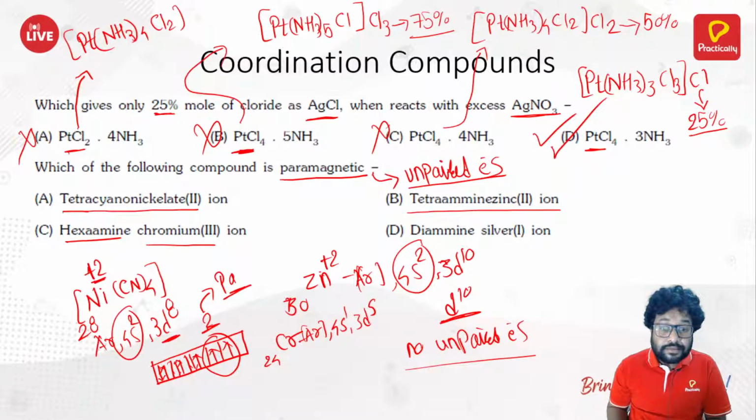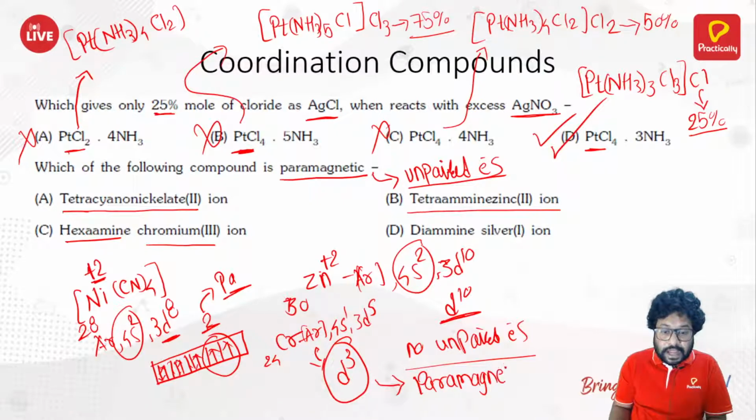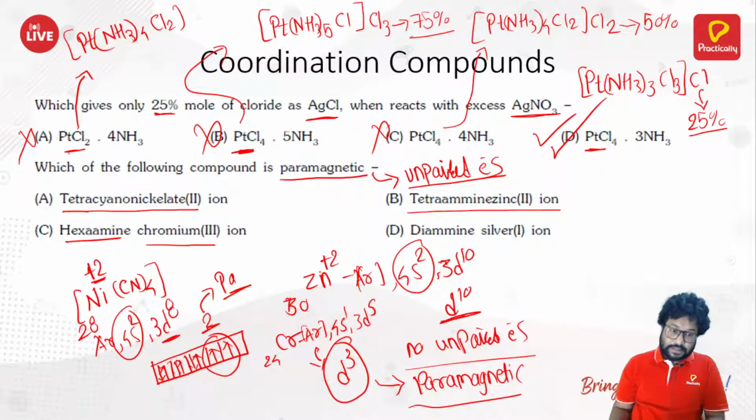Chromium is in a +3 oxidation state, right, as they have told us here. 1 electron from s, 2 electrons from d go, and it becomes a d3 system. And a d3 system, that means having an odd number of d electrons, should always be paramagnetic. And it is paramagnetic.